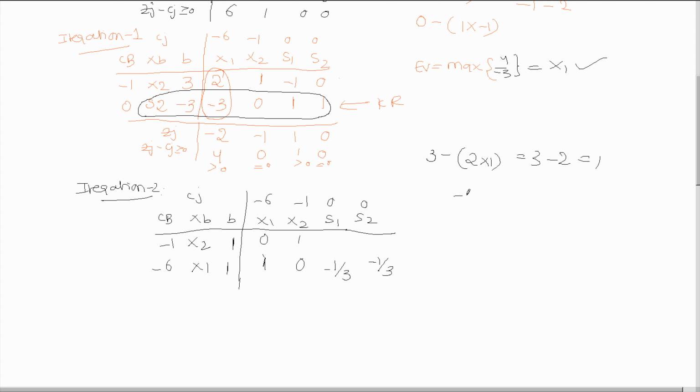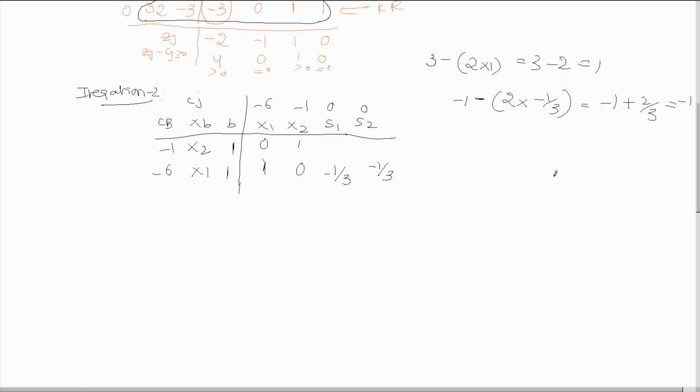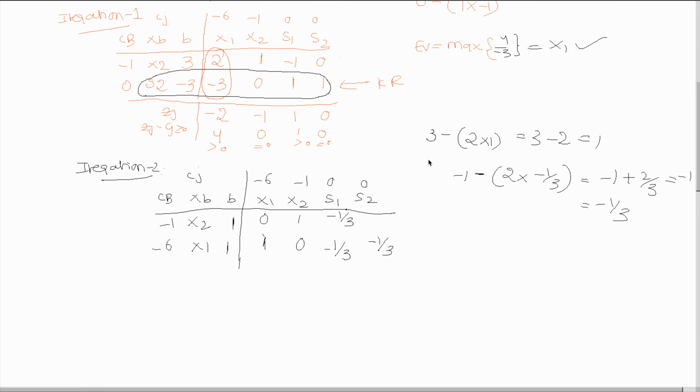This one. Minus 1 of minus 2 into minus 1 by 3: minus 1 plus 2 by 3, so we have minus 1 by 3. 0 minus of 2 into minus 1 by 3, plus 2 by 3.